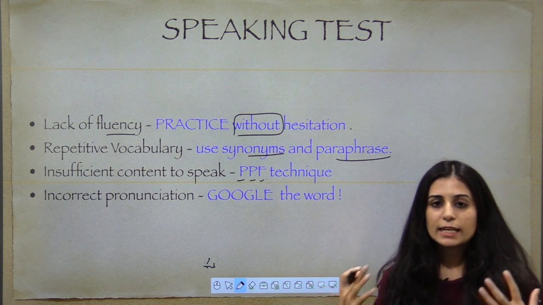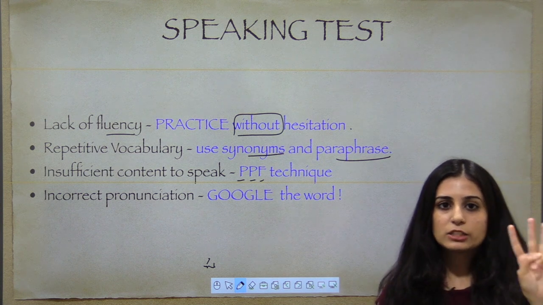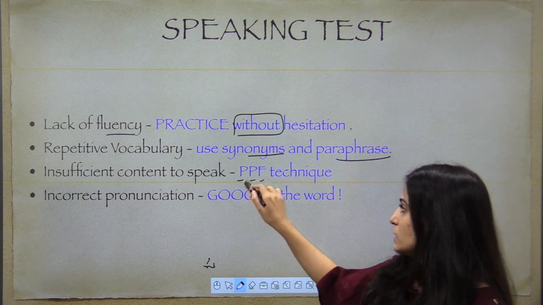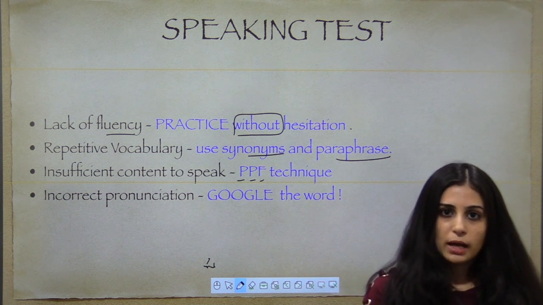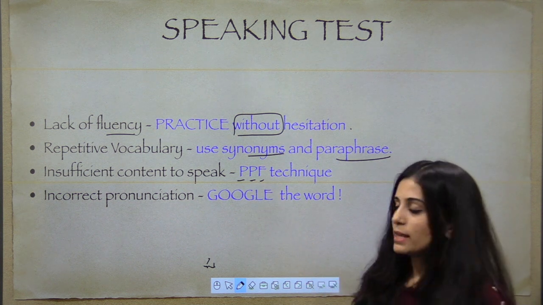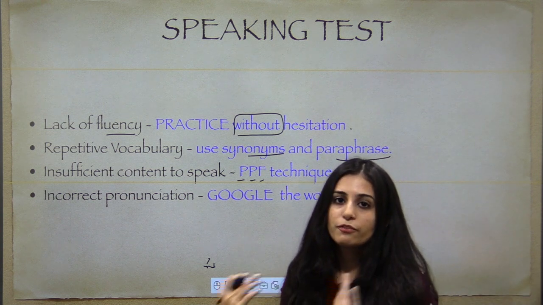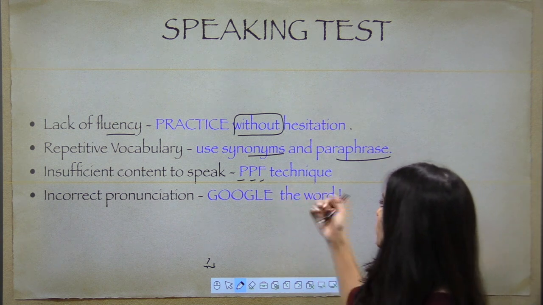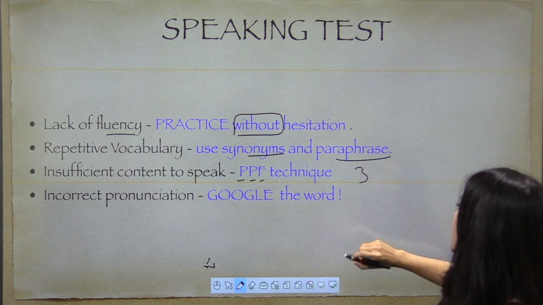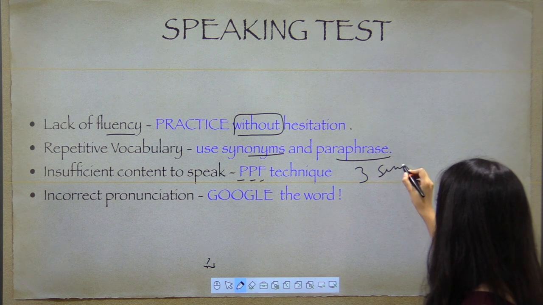If you apply this technique, you will have at least 3 sentences to speak about. One sentence can talk about something related to that topic that happened in the past, something that's happening in the present, and something that will happen in the future. So this will help you in at least saying 3 sentences.